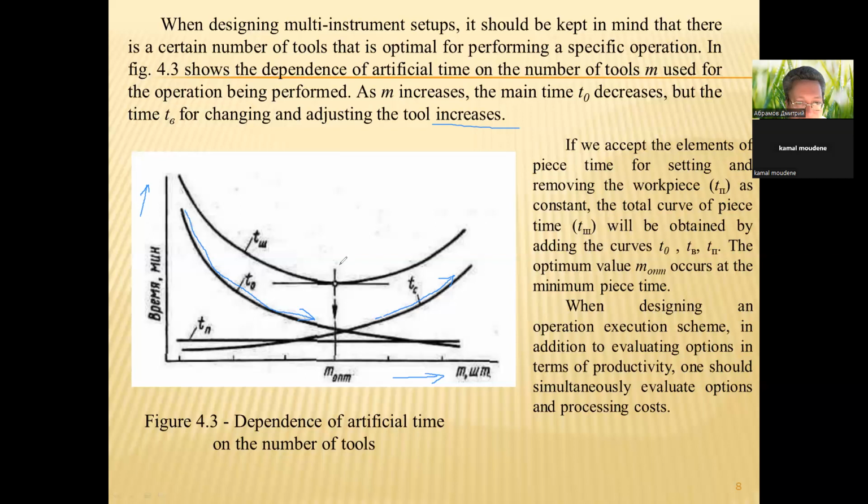In this scheme, you can see the optimum number of tools that we use in one operation. When designing an operation execution scheme, in addition to evaluating options in terms of productivity, one should simultaneously evaluate options and processing costs.